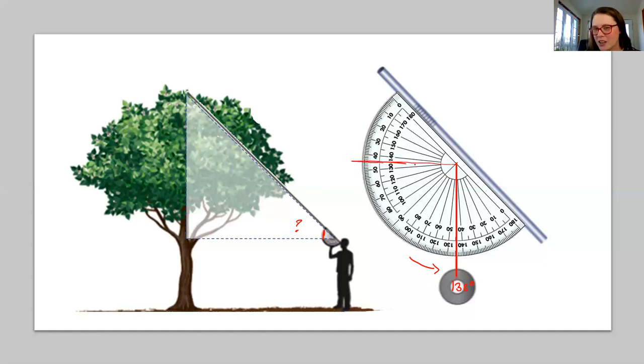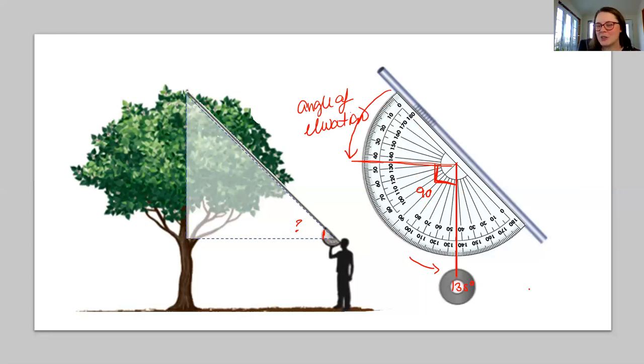You'll notice this line is a string hanging down with a weight. It's going to hang 100% vertical. Here's your horizontal line. And what's the angle in between the two? You have 90 degrees. This angle is our angle of elevation.